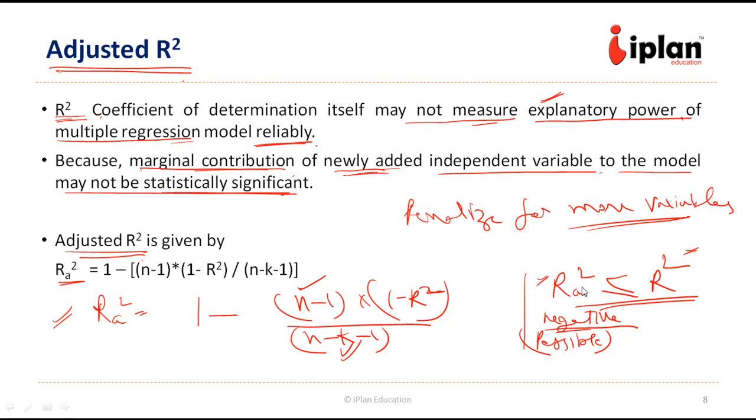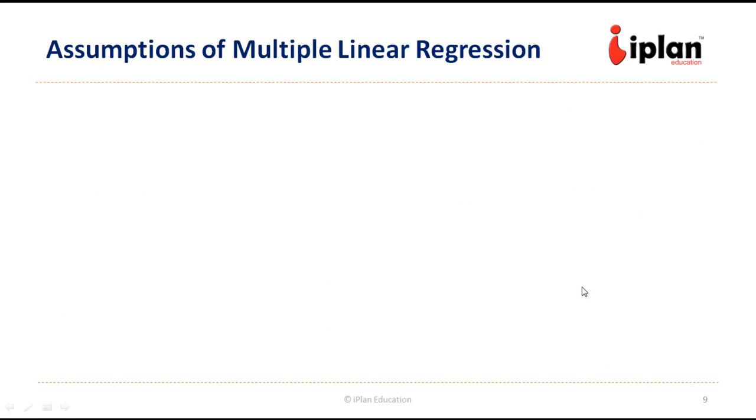Now let us move further. Let us look at the assumptions of multiple linear regression in detail. We have already talked about the assumptions of simple linear regression, and all those assumptions are still valid in the case of multiple linear regression. First, there should be a linear relationship between the independent variables and the dependent variable.